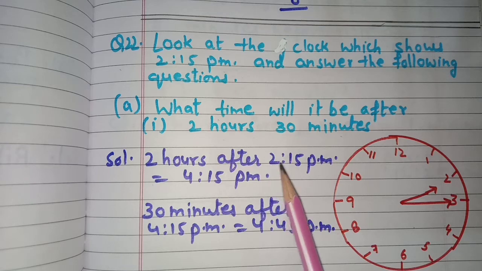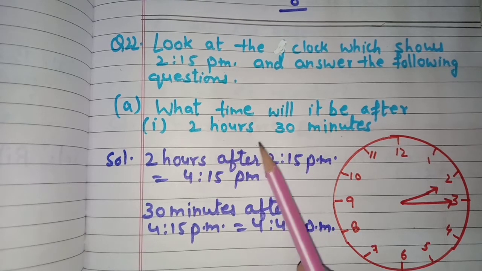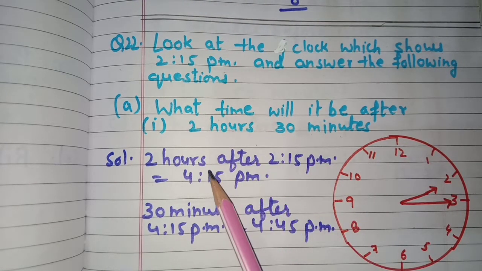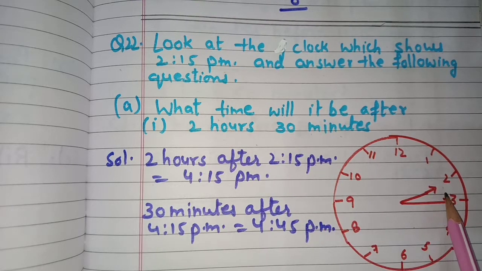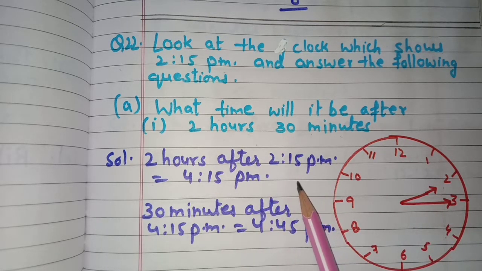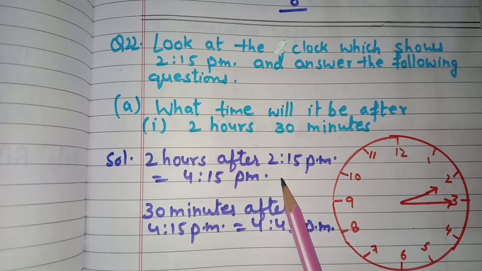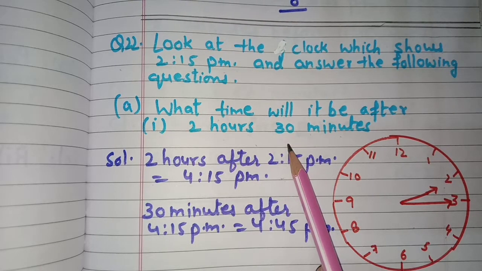So first of all, we will find the time after 2 hours and then after 30 minutes. So 2 hours after 2:15 p.m. So after 2:15 p.m. next will be 3:15 p.m. and then 4:15 p.m. So after 2 hours the time will be 4:15 p.m. Now next is 30 minutes.